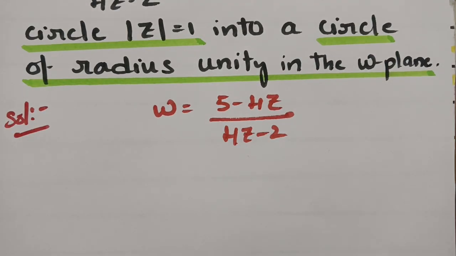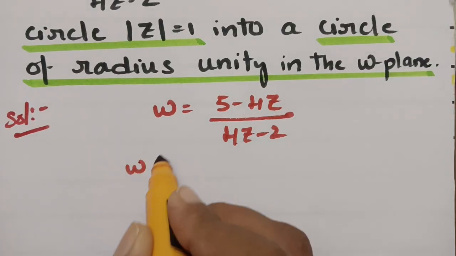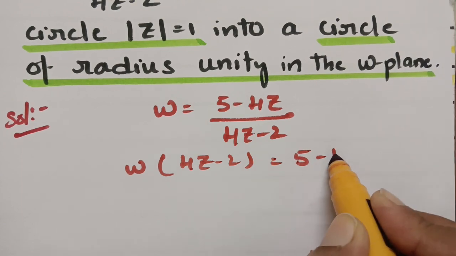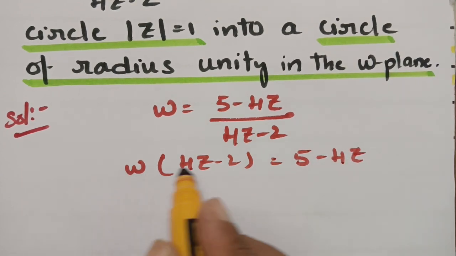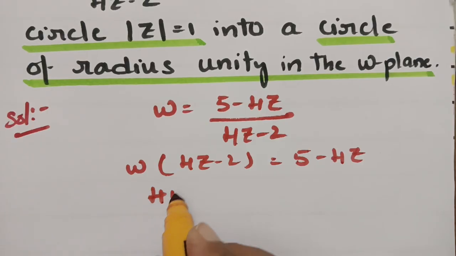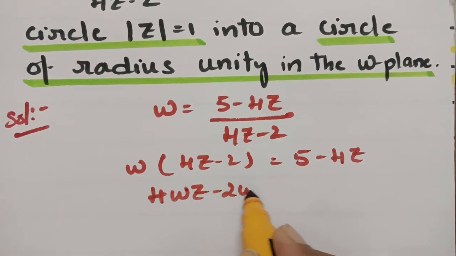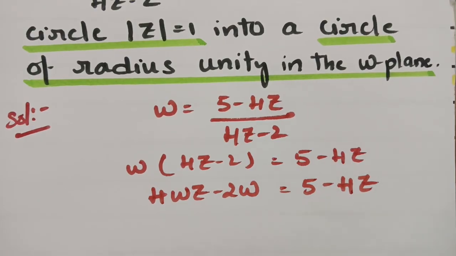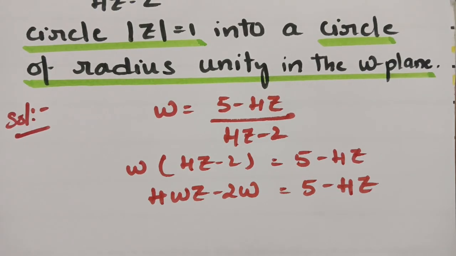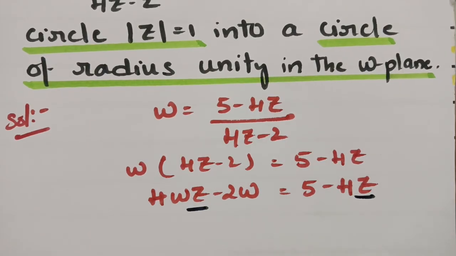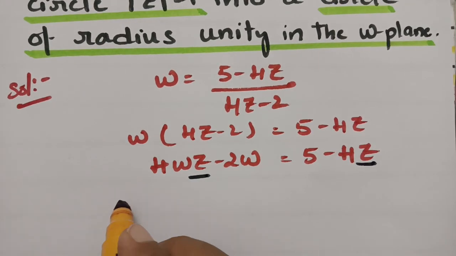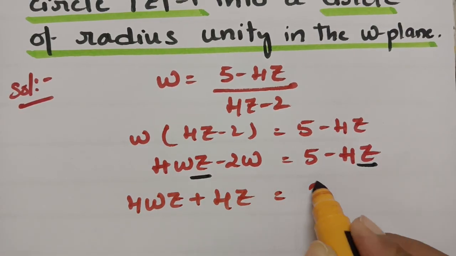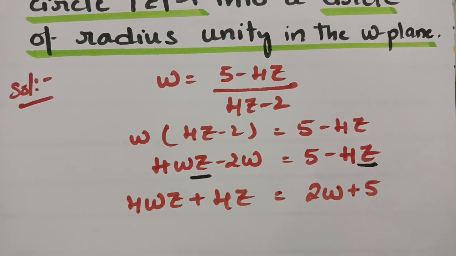First of all, I need the value of z in terms of w. See here, w into (4z - 2) is equal to 5 - 4z. If I multiply, this will be 4wz - 2w = 5 - 4z. So I need the value of z here. This will be 4wz + 4z = 2w + 5.